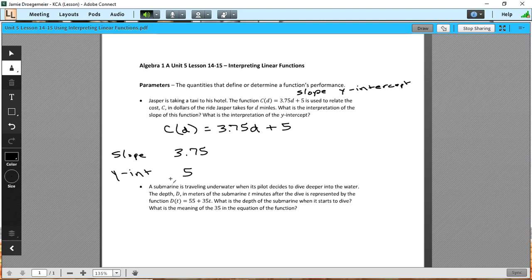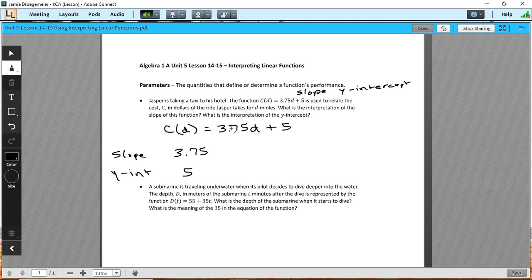Well, it said d is our distance. And so the 3.75, we're multiplying by the distance. We are multiplying a cost per distance for each, in this particular case, I think we're talking about miles.